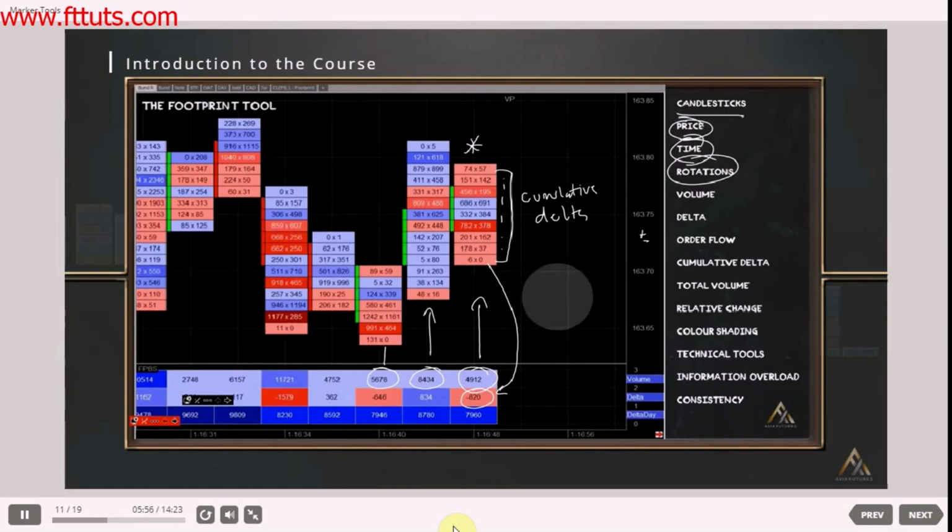What that's telling us is that there was more selling than buying in this entire rotation over price point 70 to 80. Now again, that in its own doesn't mean much, okay? For now, we're just looking at purely what every single piece of information on this chart represents.